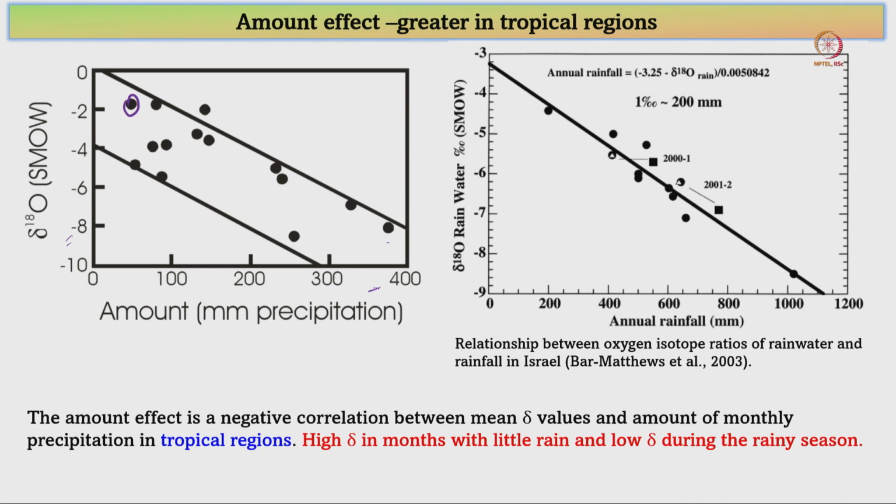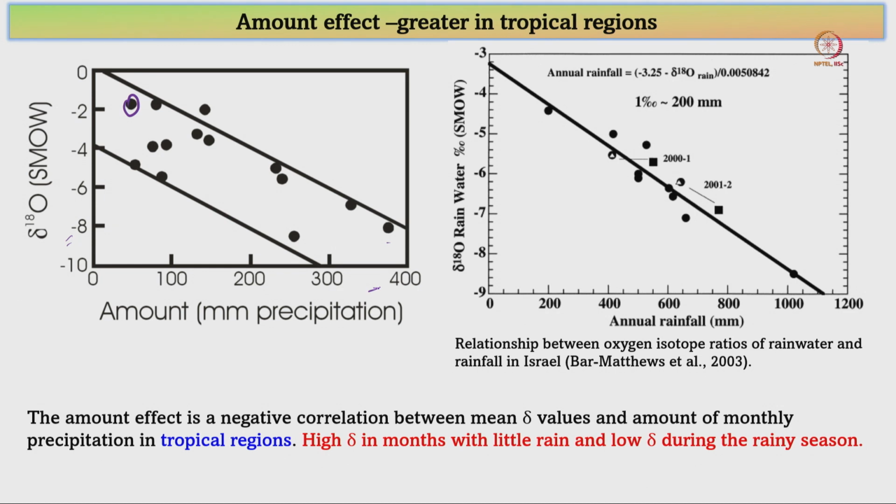The altitude will not have a very significant difference apart from mountain chains. The continentality effect will be very low because most of the ocean coastal regions lie in the tropical and equatorial regions, and also the temperature is low. So, the temperature related fractionation will be low in the tropical regions.